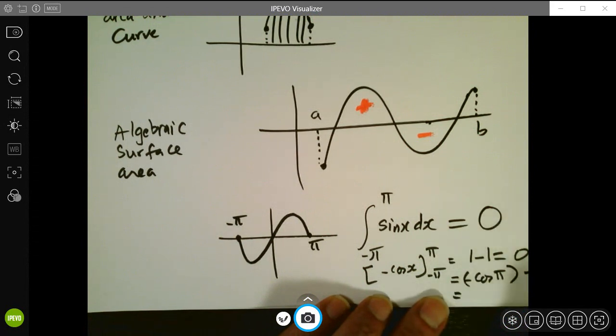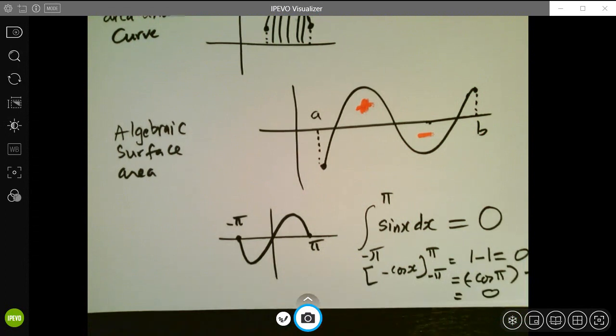Yeah, this is actually cosine of pi, and this will give you 0.